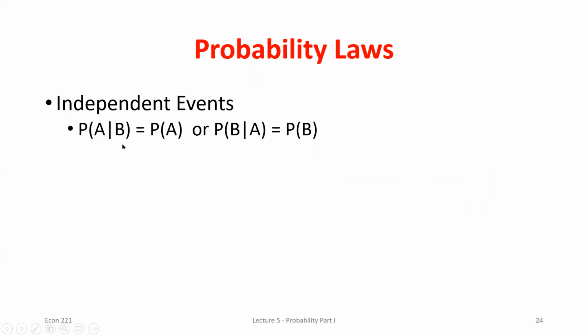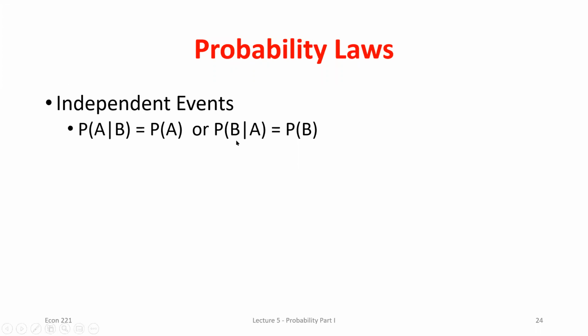If those two things end up being the same, well, that means the additional information was worthless. It didn't have any relationship to that event A. So we would say that A and B are independent, because knowing that B has occurred doesn't change the probability that A has occurred at all.